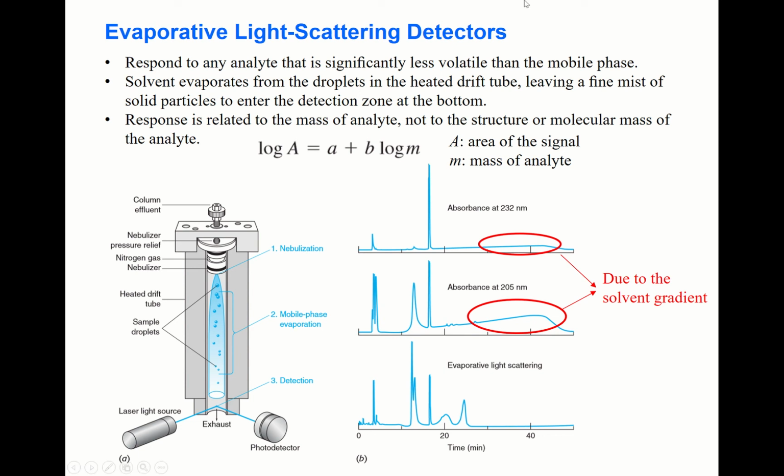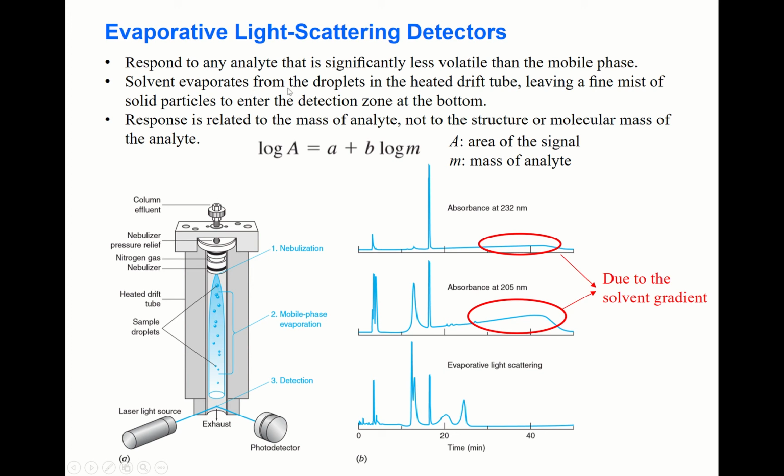So although the mobile phase and your analyte become a kind of mist, the mobile phase doesn't scatter the light, only the sample droplets scatter the light here.